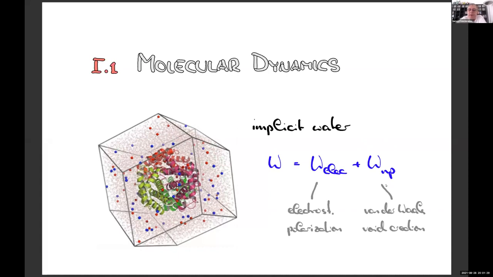It is a complicated formula, and some people believe that the reason why protein folding is still an open question nowadays is because we are not very good at modeling the energy, the forces. And so this talk is a contribution to modeling forces that could be used in molecular dynamics, in particular in protein folding.